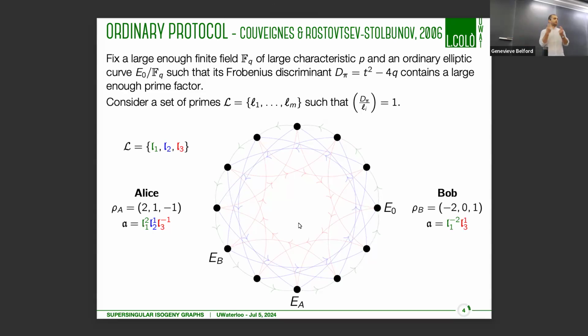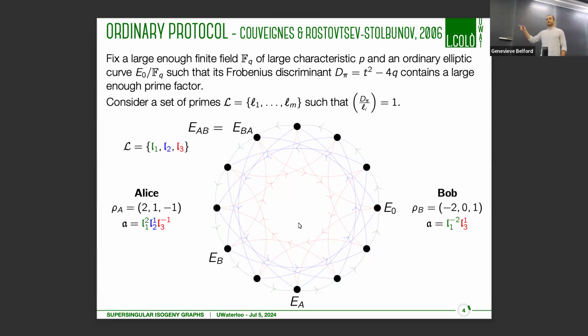They publicly exchange the information about the ending vertex. And then Alice, starting from EB, which she received from Bob, reapplies her secret key, so 2, 1, minus 1. And Bob, from EA this time, reapplies his secret key, minus 2, 0, 1, and they end up sharing the same secret elliptic curve. And the reason why everything works nicely is because we have a commutative class group action on the set of ordinary elliptic curves.